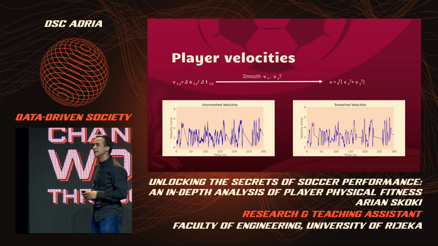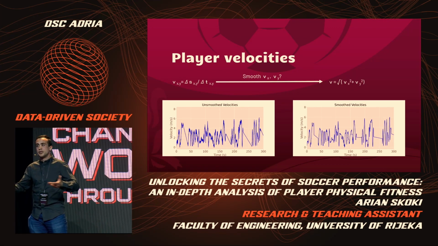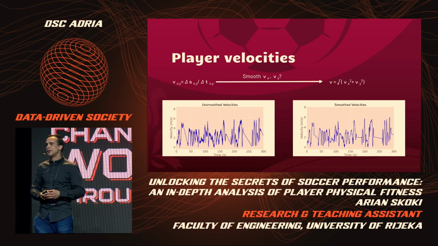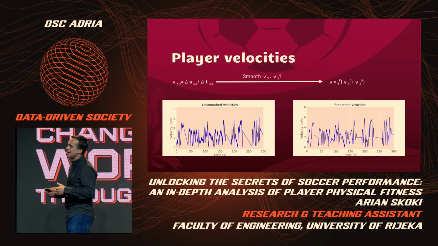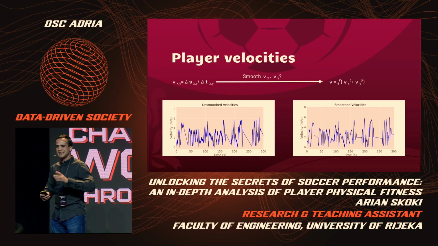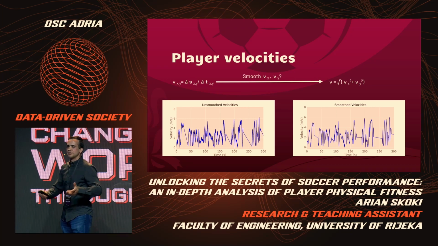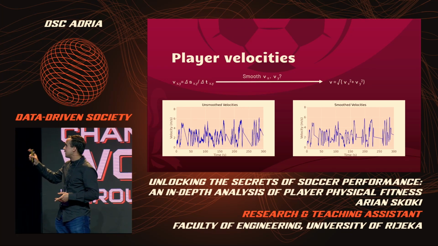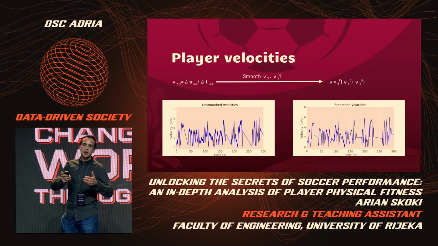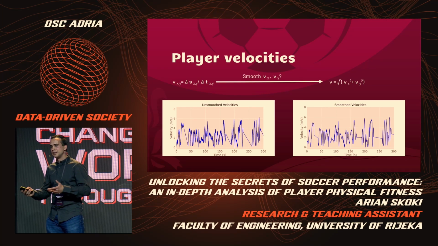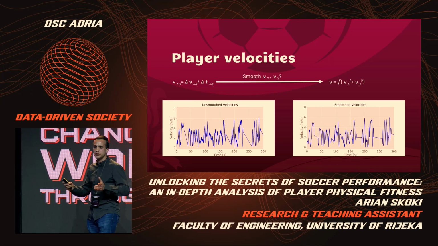We can see the change, and first of all, we need to smooth this data because some distances and some measures are not that accurate. So we need to provide some filtering. On the left, unsmoothed data. On the right, smoothed data with some moving average or whatever is needed for your particular use case, but moving average will do the job for you.